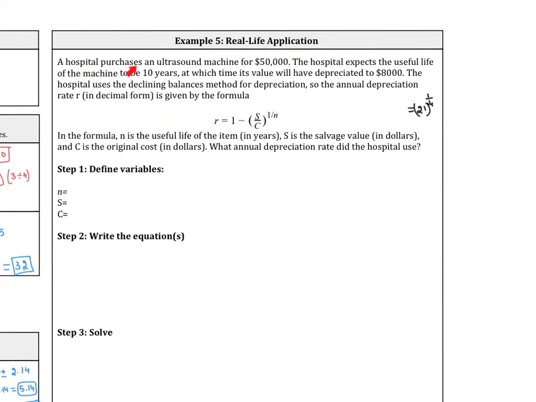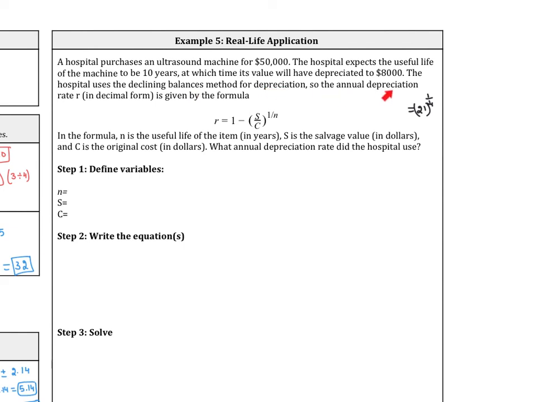Example number 5, real life applications. A hospital purchases an ultrasound machine for $50,000. The hospital expects the useful life of the machine to be 10 years, at which time its value will have depreciated to $8,000. The hospital uses the declining balance method for the depreciation.